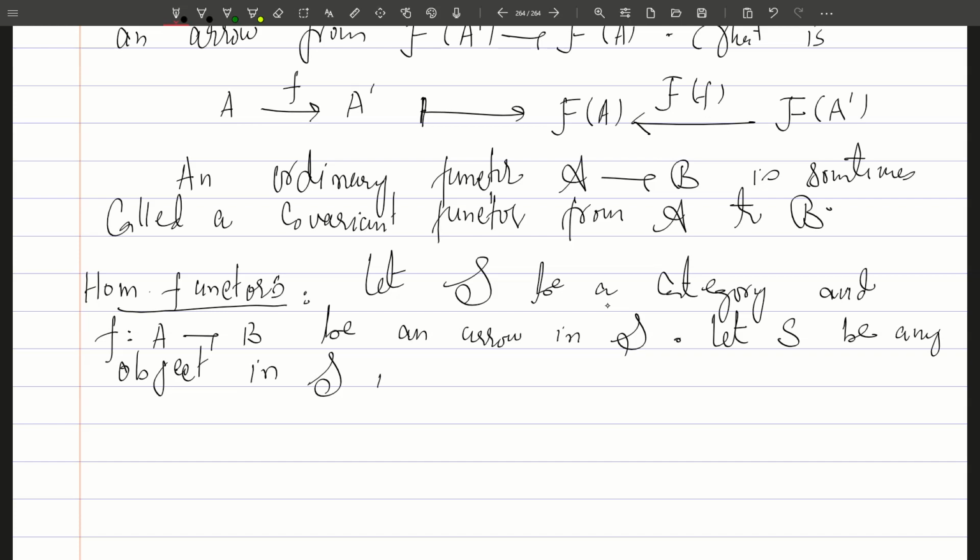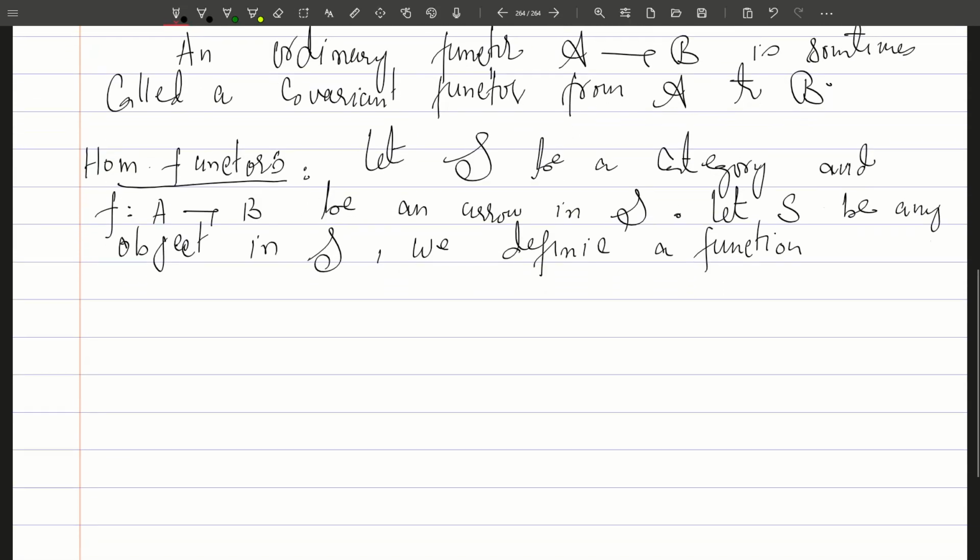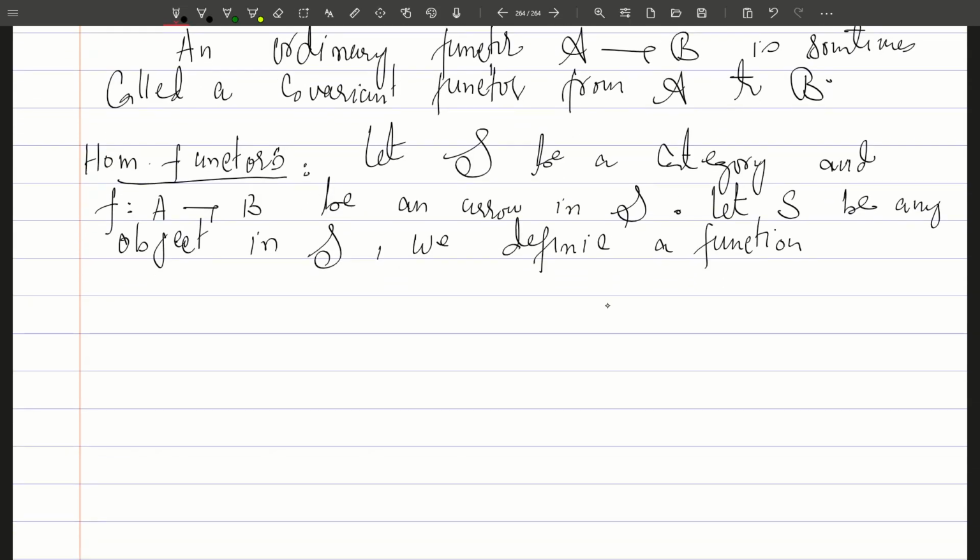So we define a function like this. We are given a category S and an object S in the category and a morphism, an arrow of this category. So using these two things, the object S and the morphism f, we can define a map, which we denote by Hom of S, f.